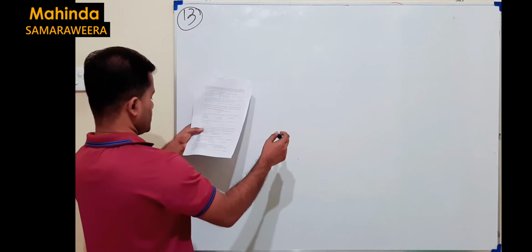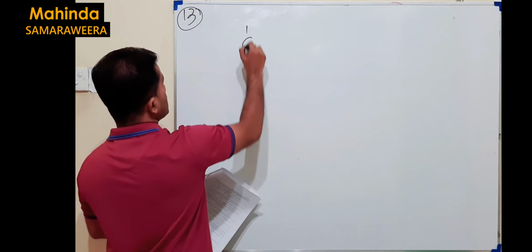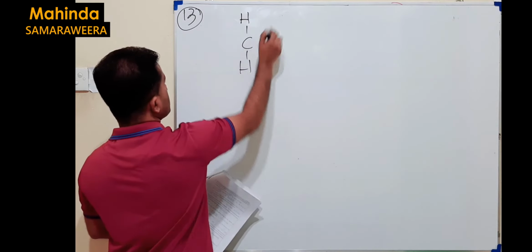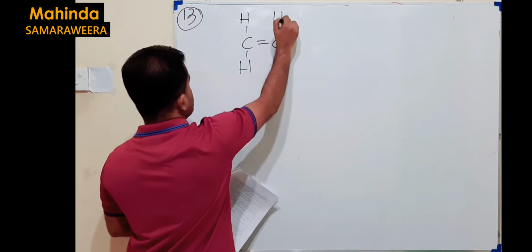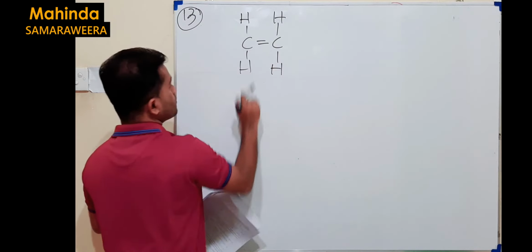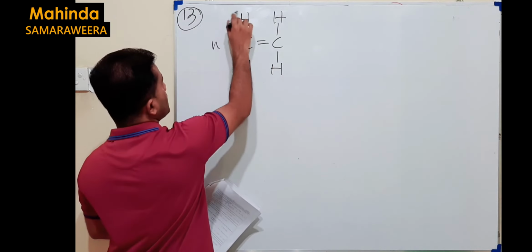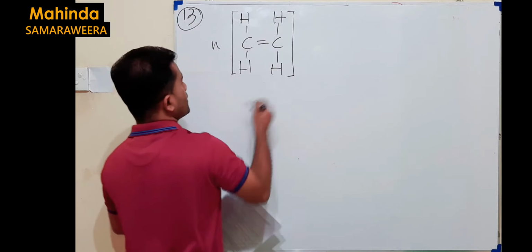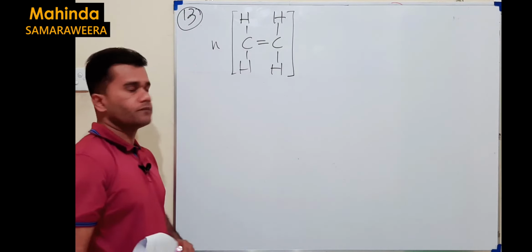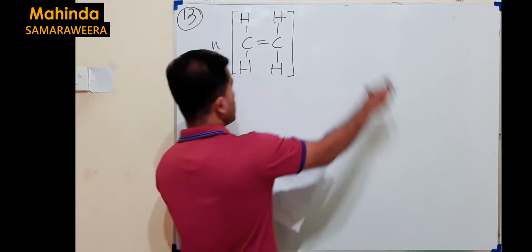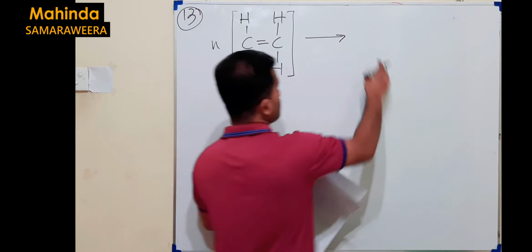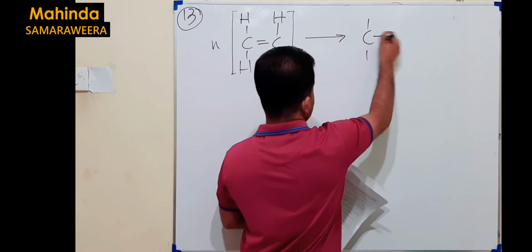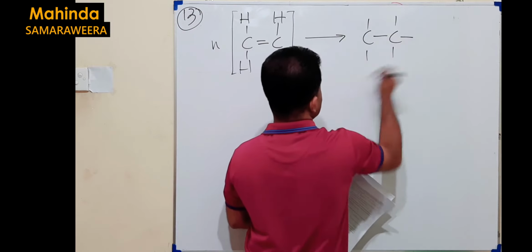This is the equation for this. But here I clearly show the bonds. You see, these are the bonds in ethene. But in n moles of ethene, n is an integer. It can be 10, 15, 100. That polymerized to give the polymer polythene. Here, I write the bonds like this.